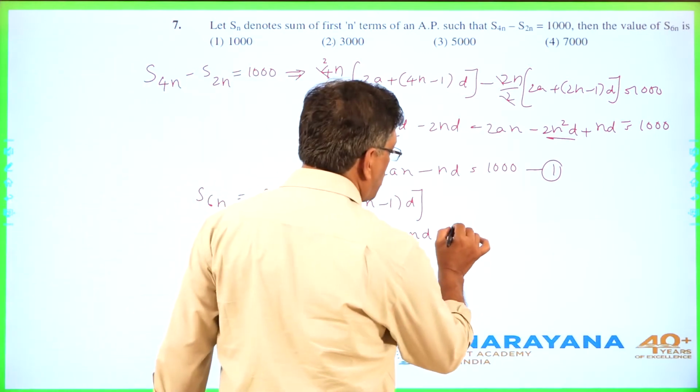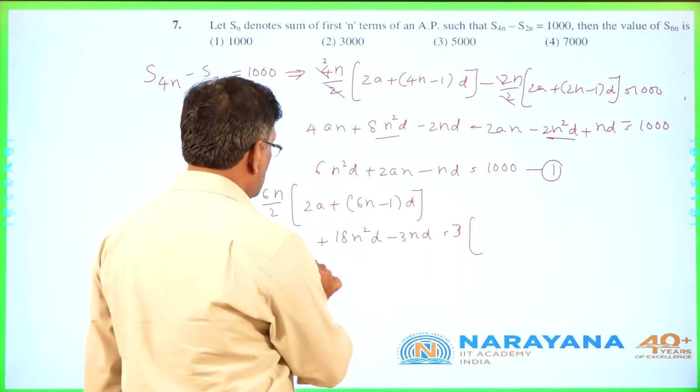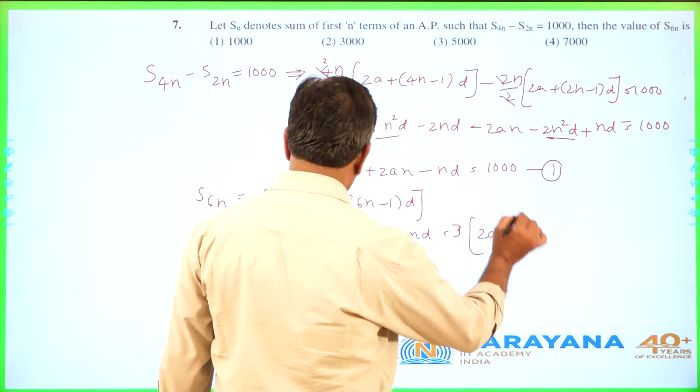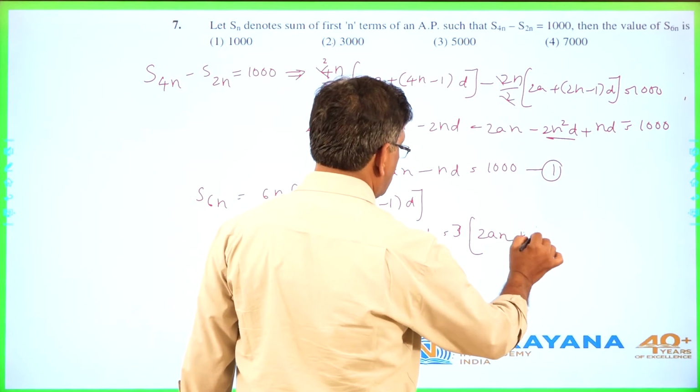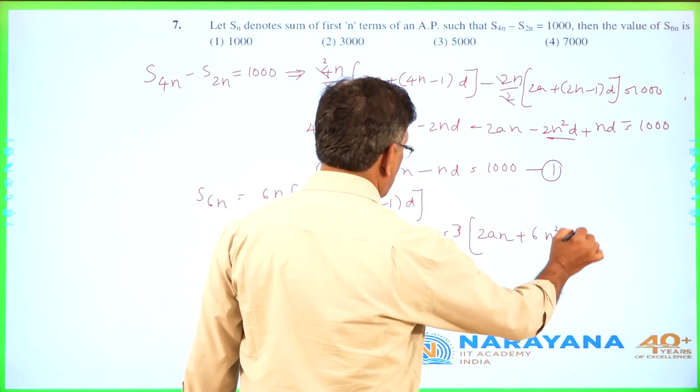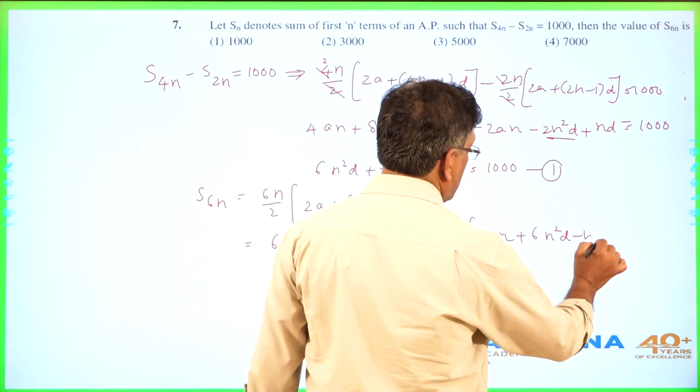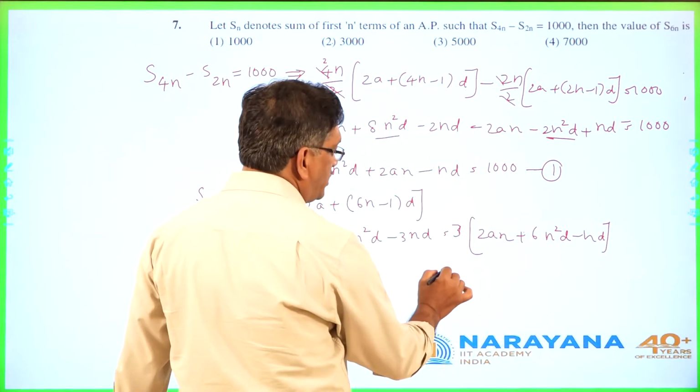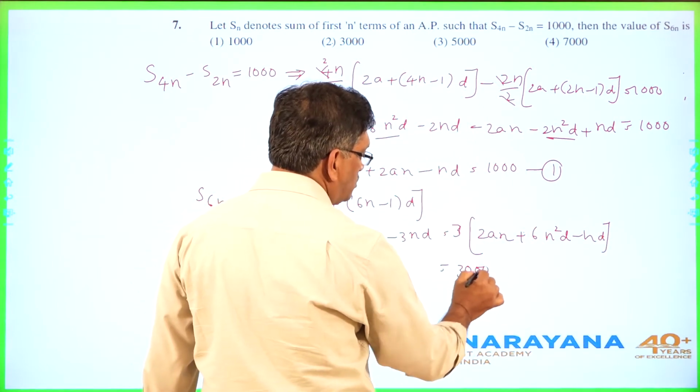If you take 3 common, it is 2an plus 6n square d minus nd. This value already it is there, so it is 3000.